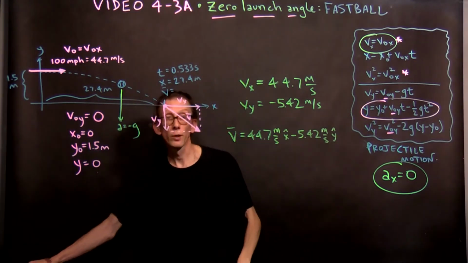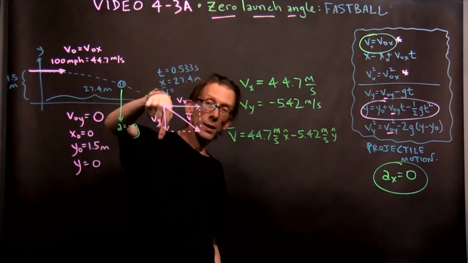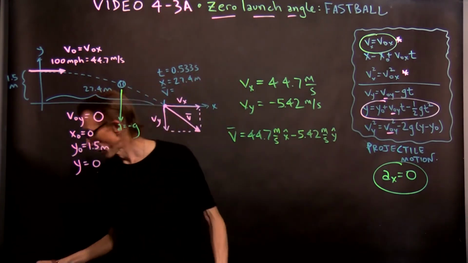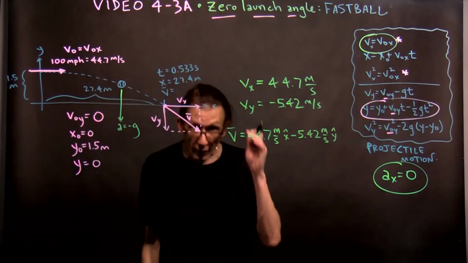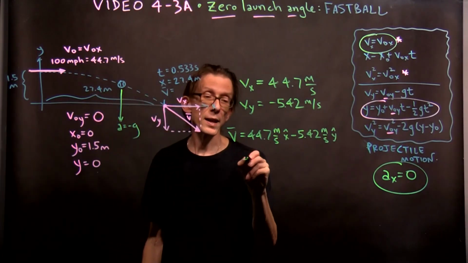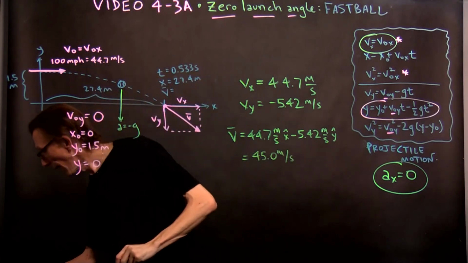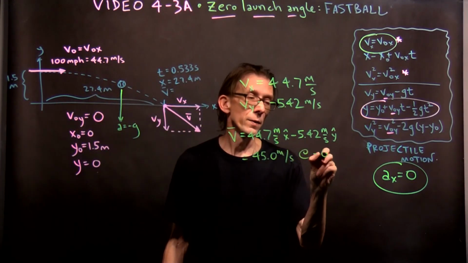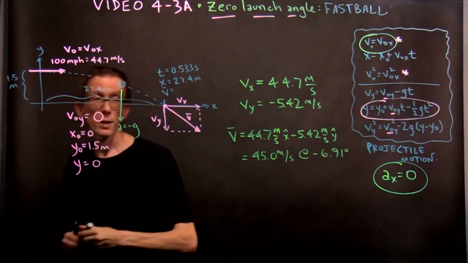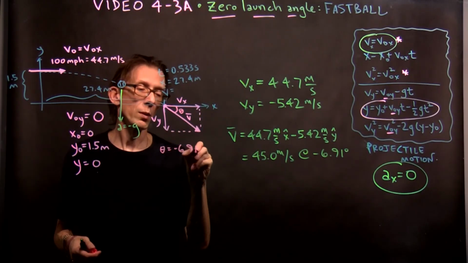Using our unit vector notation, it is 44.7 in the x and negative 5.42 in the y. You can also convince yourselves, using your vector skills developed last week, that this is the same as 45.0 meters per second at negative 6.91 degrees. So this angle theta is minus 6.91 degrees.